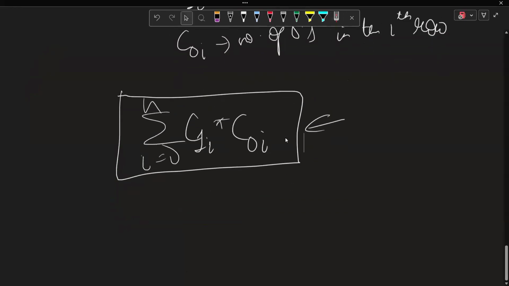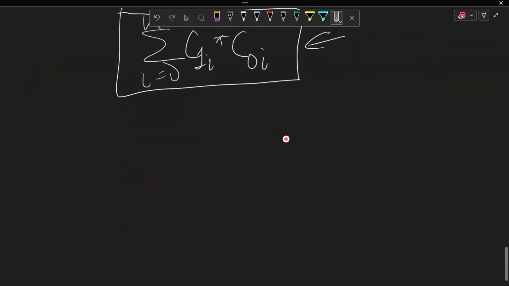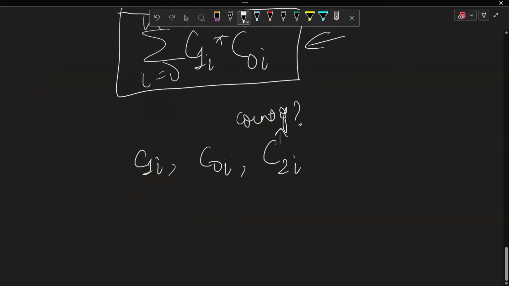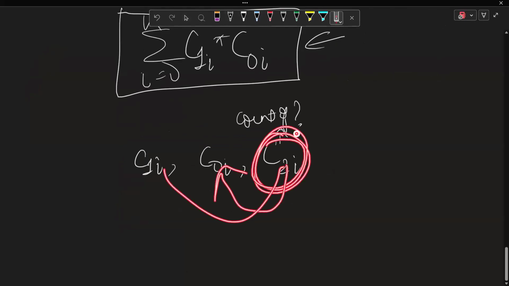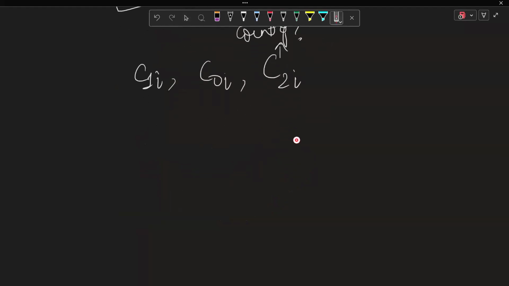For a particular row, let's say the count of ones is c1i, the count of zeros is c0i, and the count of question marks is c2i. These many values can be replaced either by a 0 or a 1. So what would you replace them with?